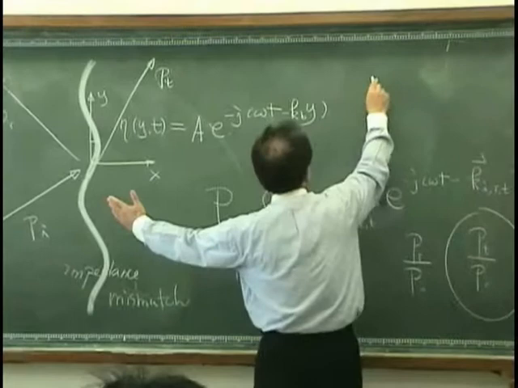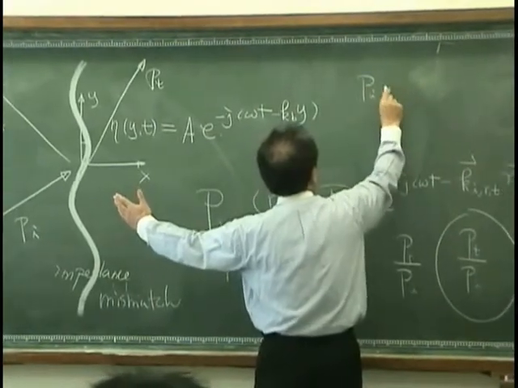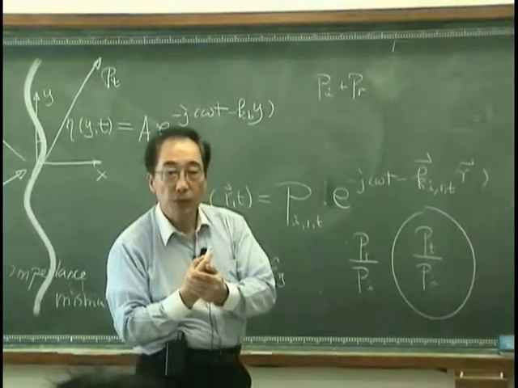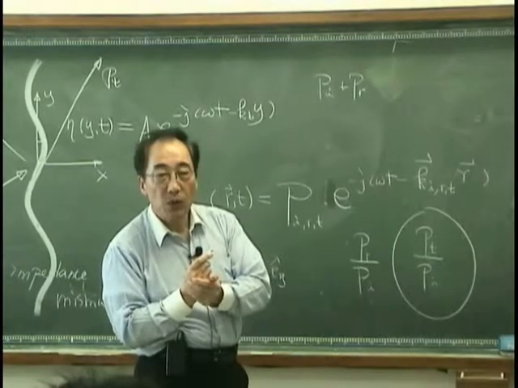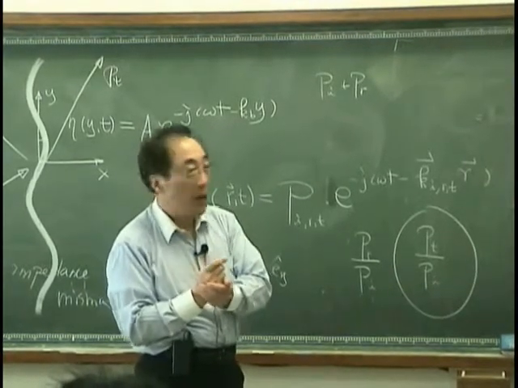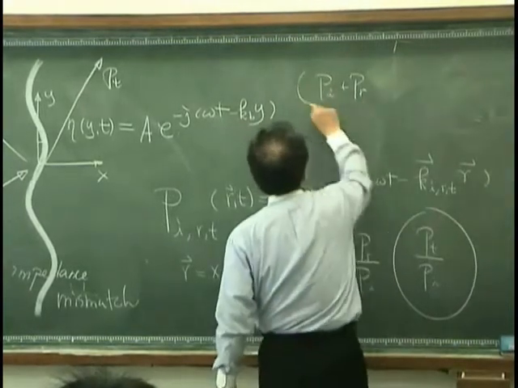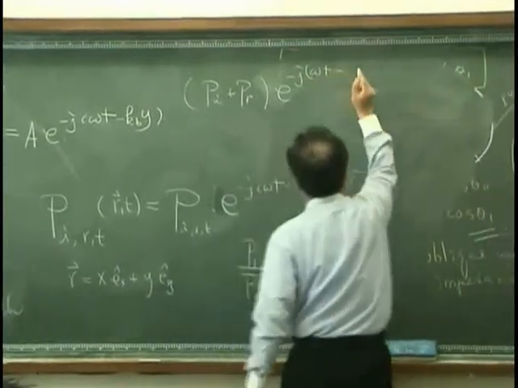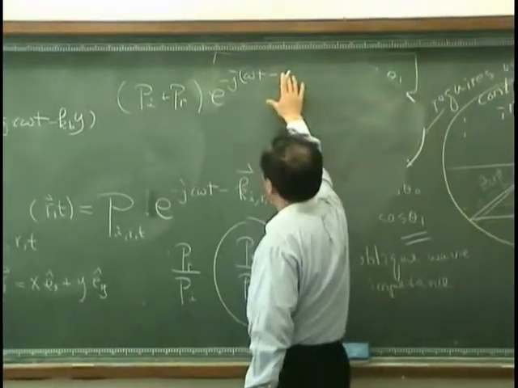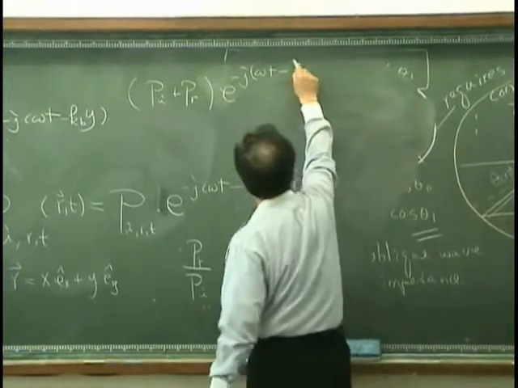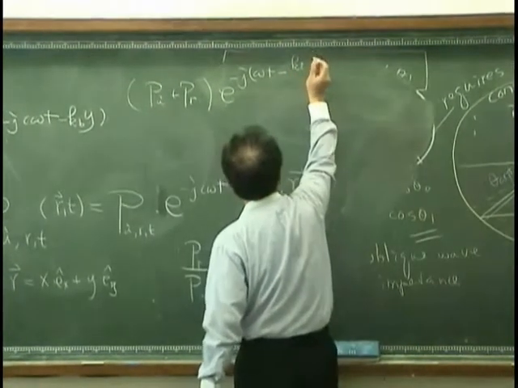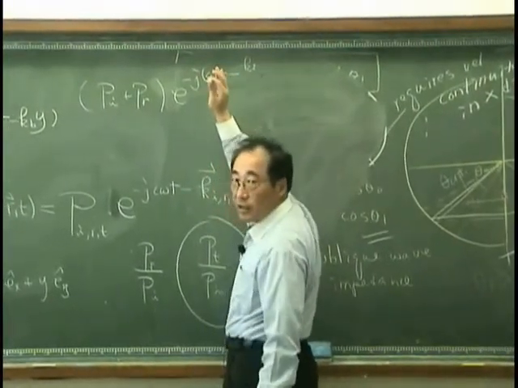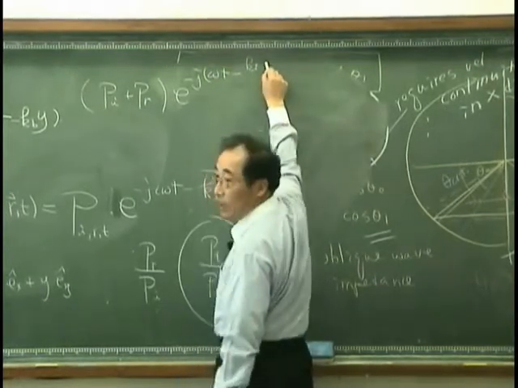Pressure on this side would be Pi plus PR, magnitude on x equals 0. Okay, and then I have what? Exponential minus j omega t minus something that I have, that one is ki in y direction, that has to be cosine or sine.